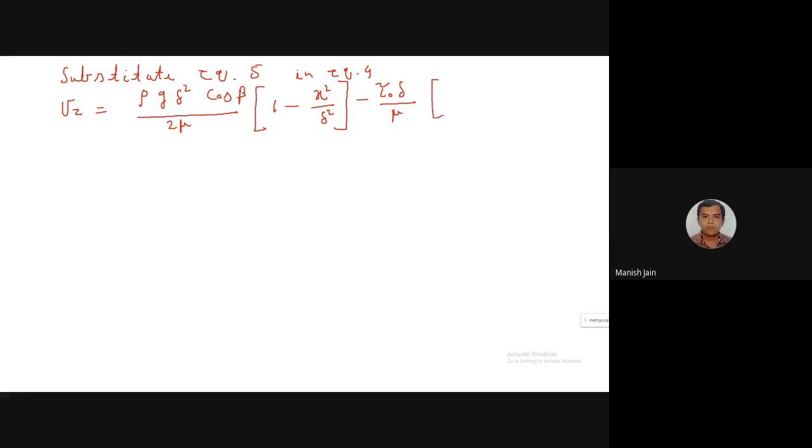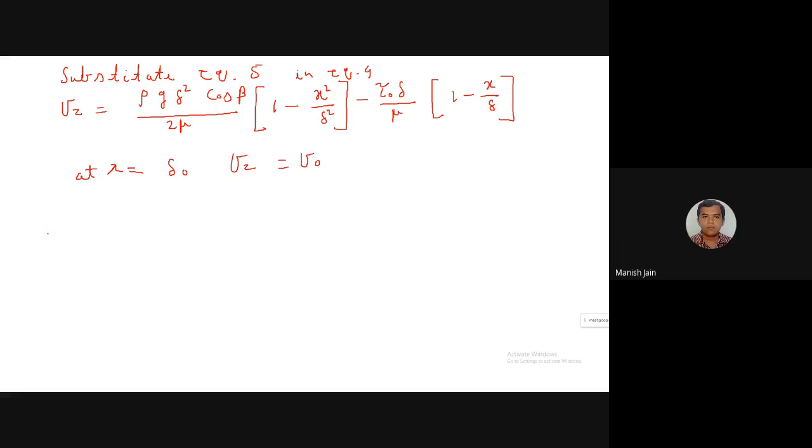Here I have taken the common tau naught delta, 1 minus x by delta. So this is the value of Vz. Okay, now if you want to calculate V naught, at x equal to delta naught, Vz equal to V naught, just substitute the value.